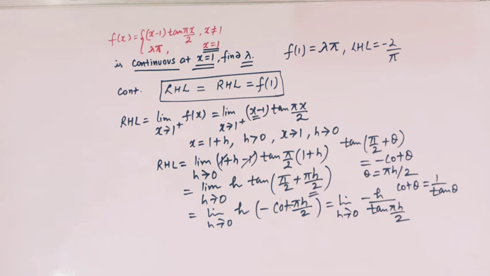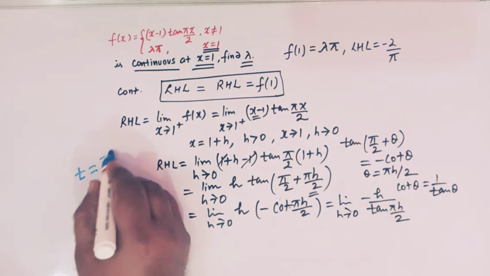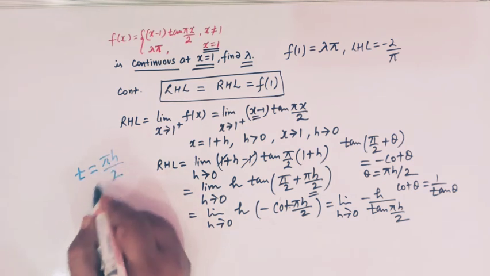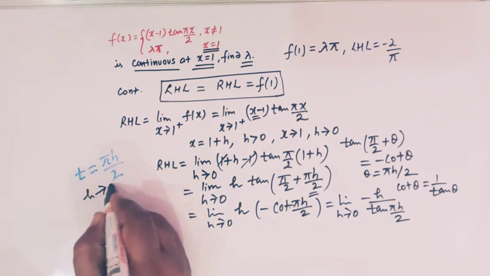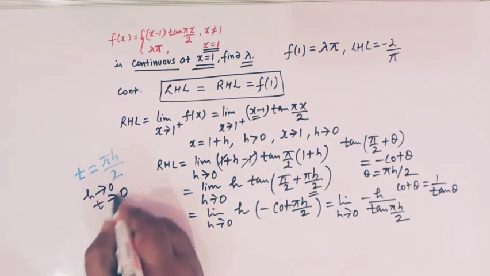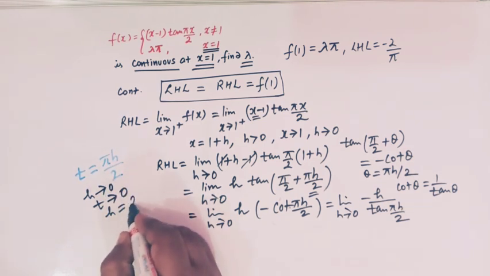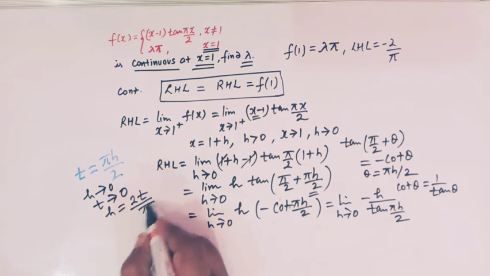Now here again we'll make use of the substitution method, and let us substitute t is equal to pi h over 2, right? So when t is equal to pi h over 2 and h tends to 0, obviously t tends to 0, right? And the value of h is 2t over pi.